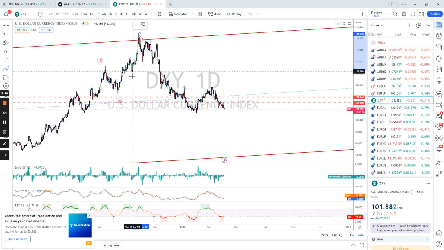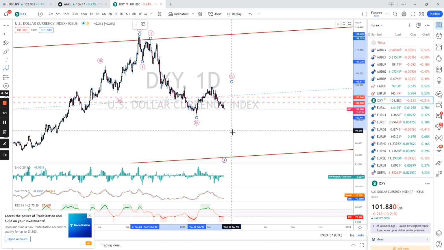So let me draw beginning, first wave, second wave, and this is the most violent and the longest wave, the third wave, and this should be a 4 wave, and this should be an extension wave to the downside, the 5th wave.